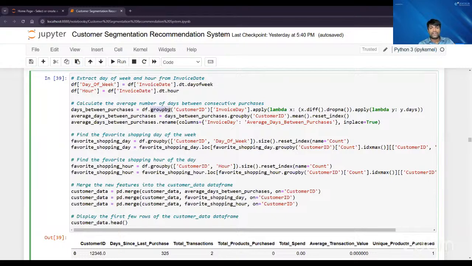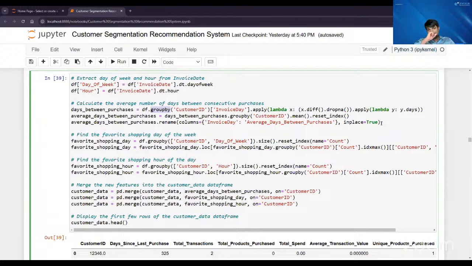This is very important to understand: what we are exactly trying to do here. We are trying to group the customers on a particular basis, to identify the time frame between transactions. How do you group customers? We use the customer ID, correct?